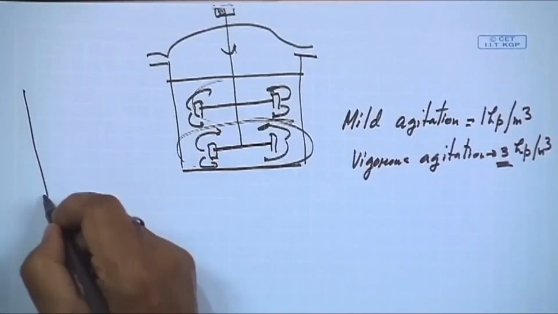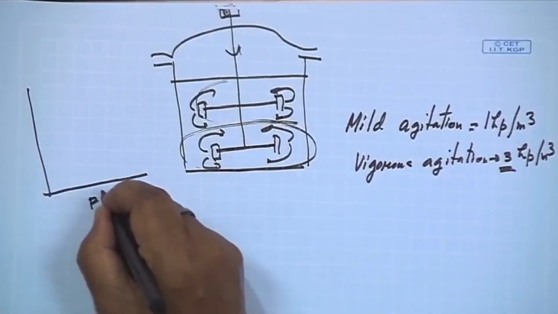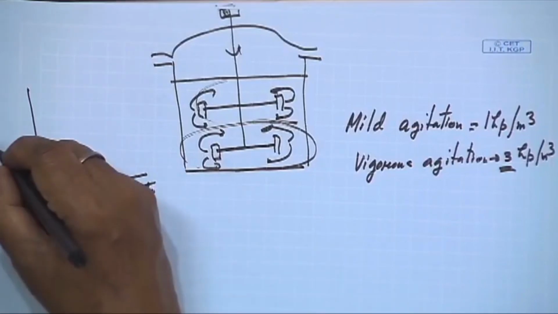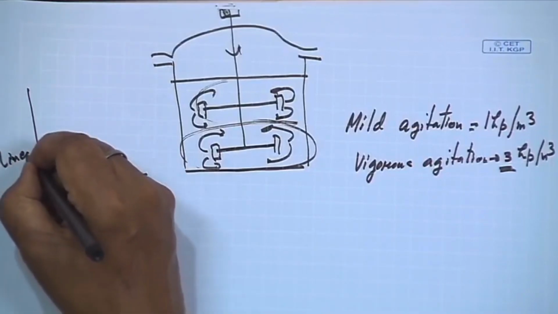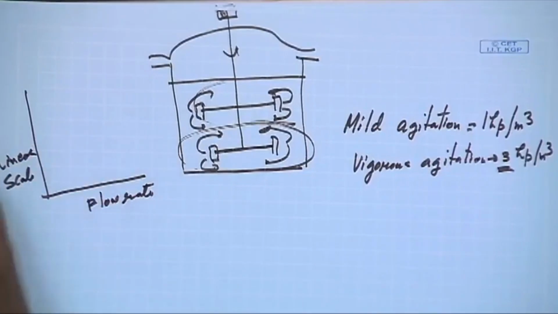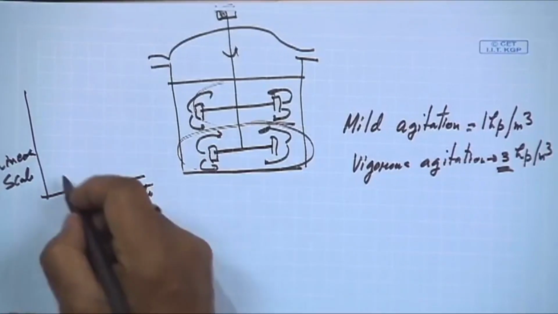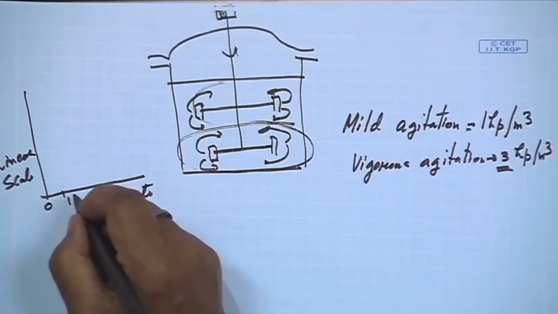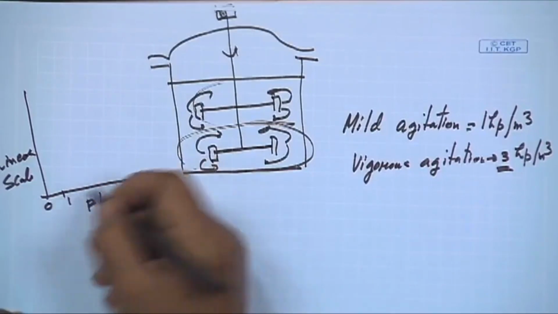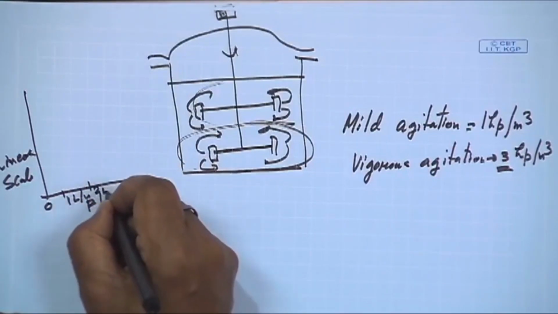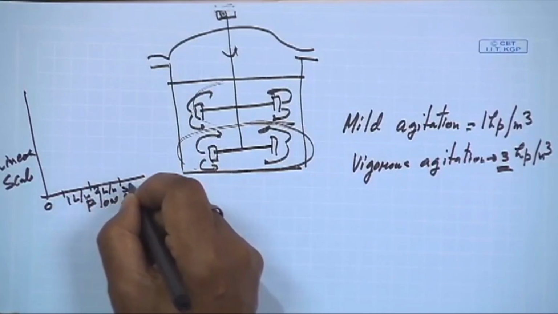Then you can plot this flow rate, and then you have a linear scale. Suppose here this is 0, and this is the flow rate: you can have 1 liter per minute, this might be 2 liter per minute, it might be 3 liter per minute.